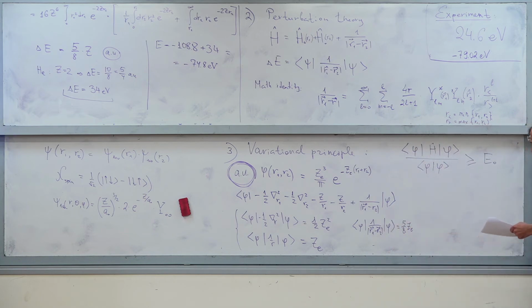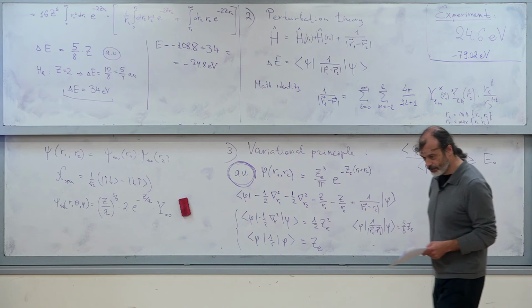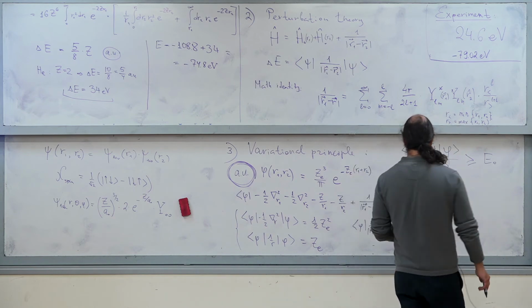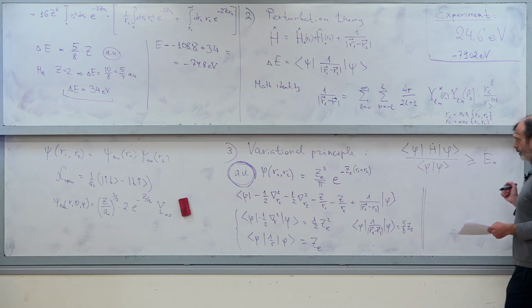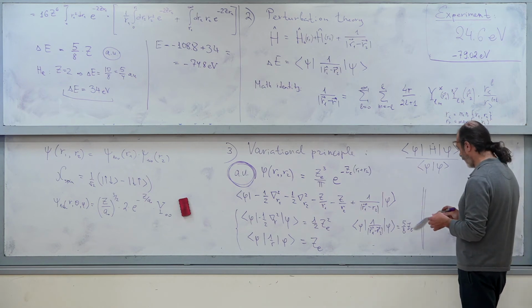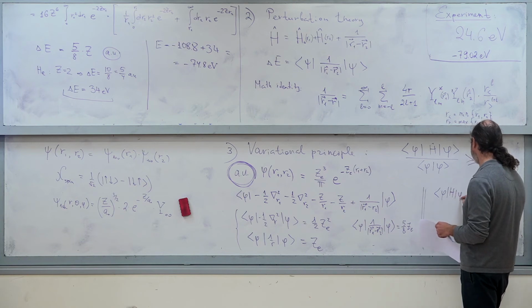Fine. So now we can take everything together and write what the energy is here in this story, all the parts of the energy that we calculated. So we have the following expectation value of the whole Hamiltonian.